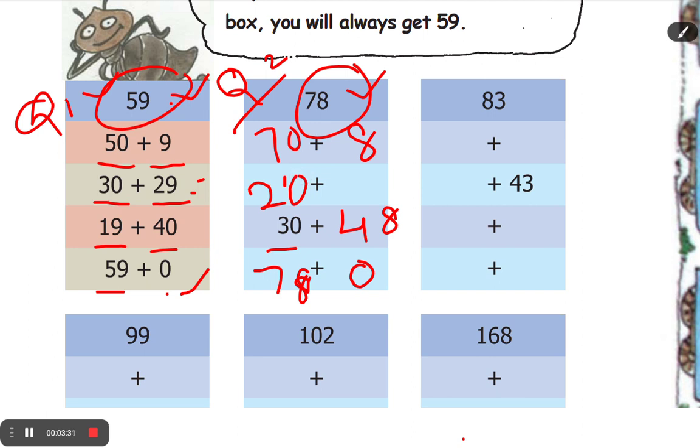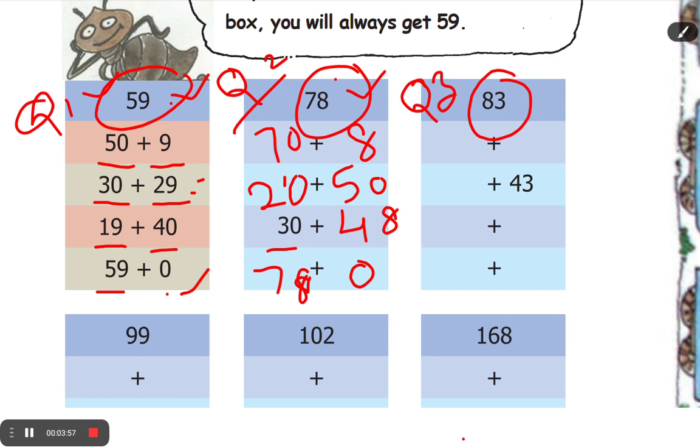So to 20, how much should I add to make it 78? Yes, 58. So in this question, what you have to do is this concept. You are given a number and you have to write that number as the sum of two numbers. Is it clear, children?